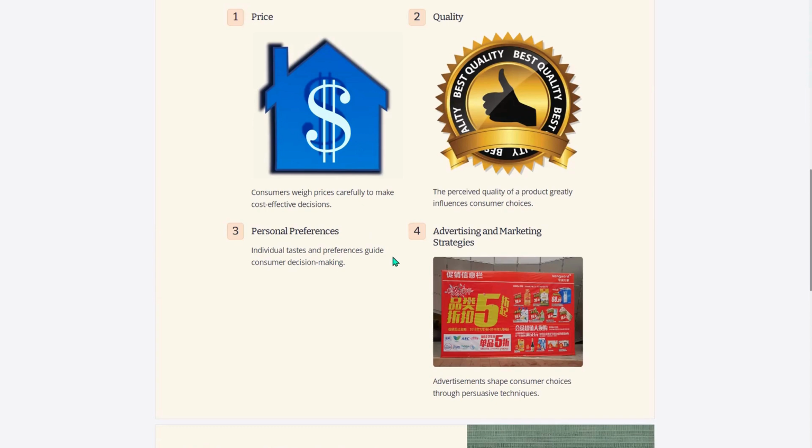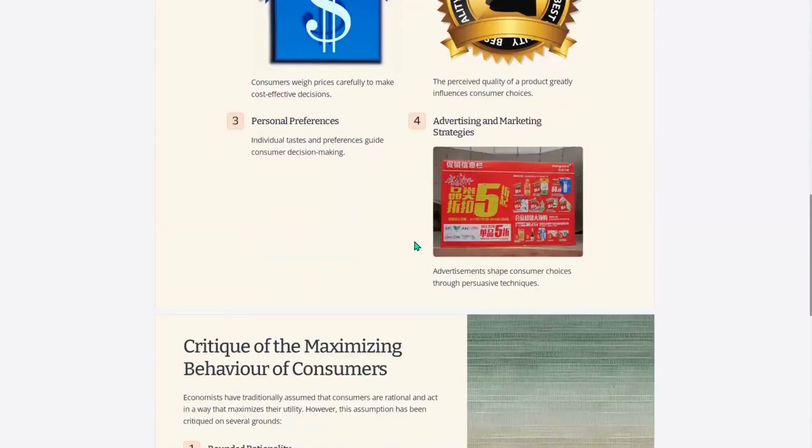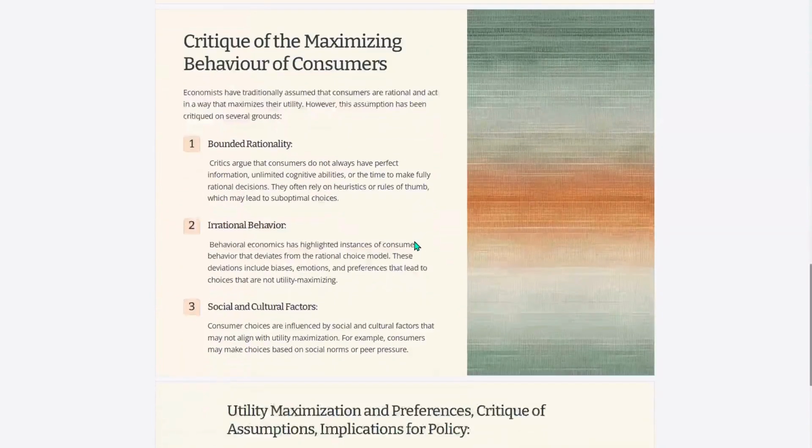Now, people who study economics are asking whether the customer is really maximizing his or her benefit. Maybe not, for the following reasons.